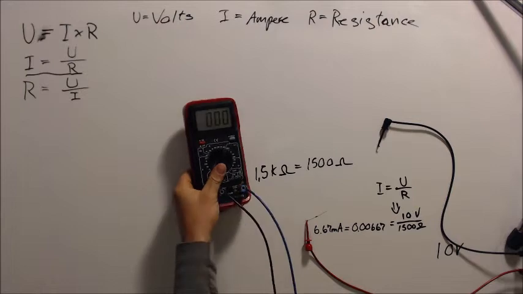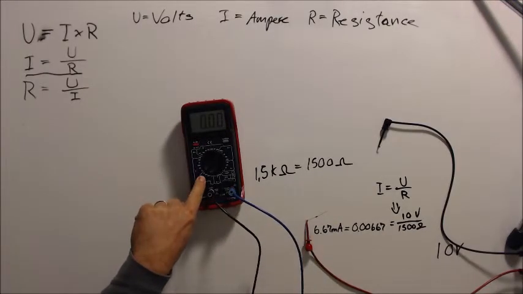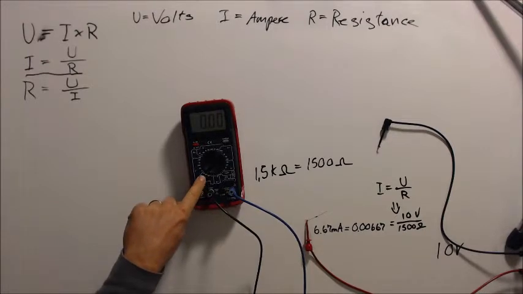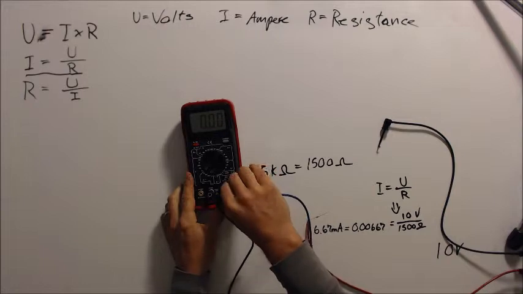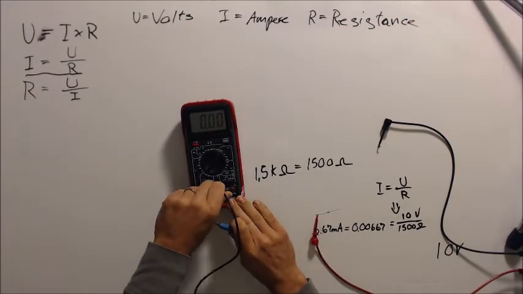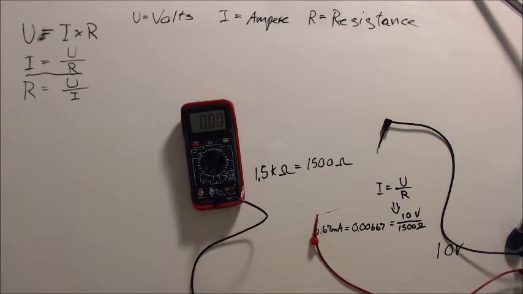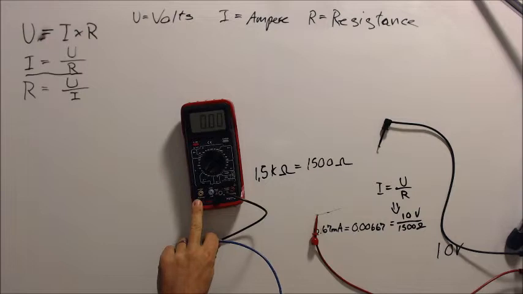So let's bring in our multimeter here. We got it set for what we expect to find, something in milliamps. Let's move this guy over here. So we always have one lead in common. And then this one here says milliamps, and this one over here says 20 amps.